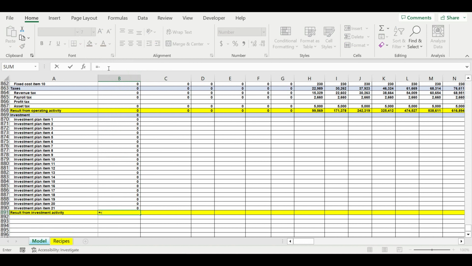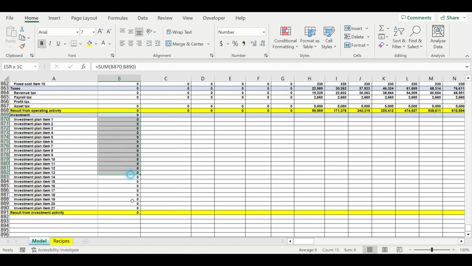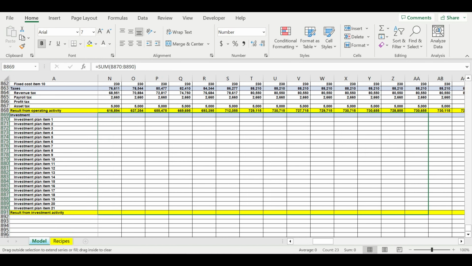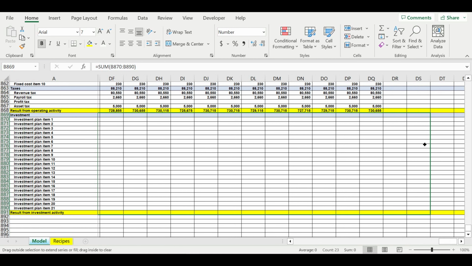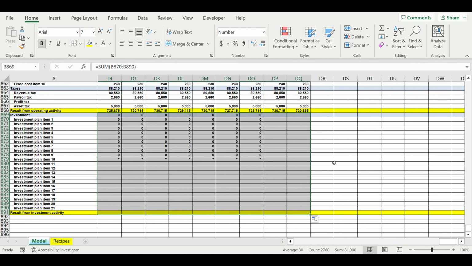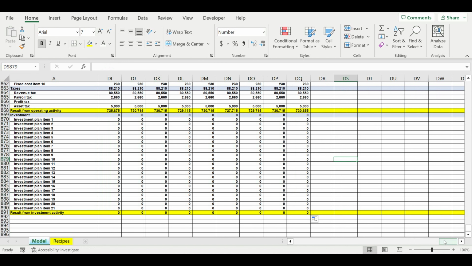Now I'm extrapolating the group of these formulas to the right. So this is the investment plan.